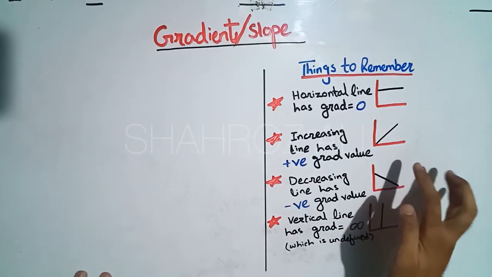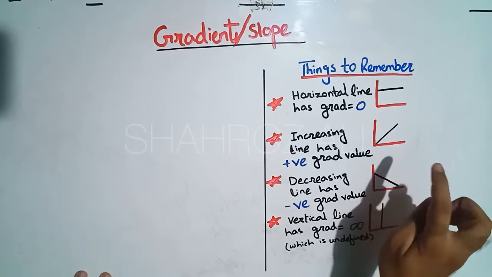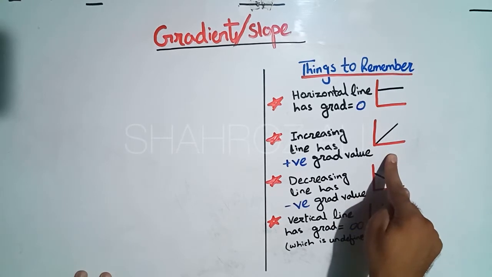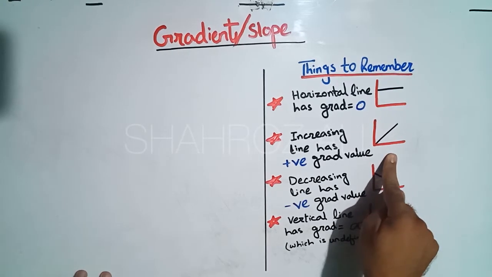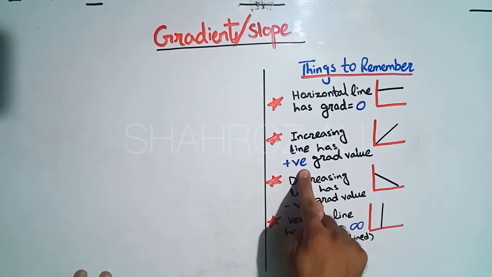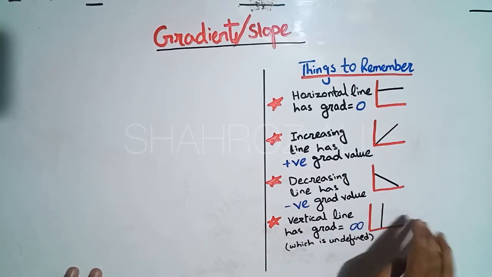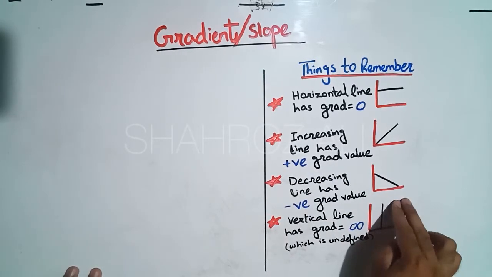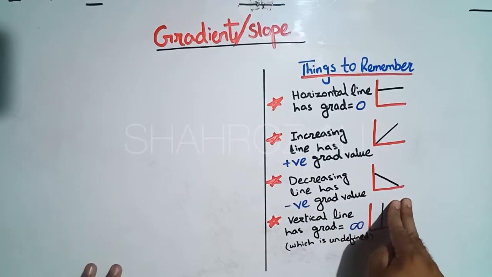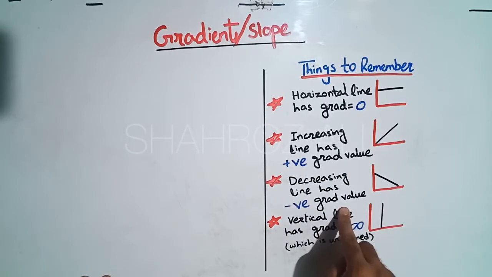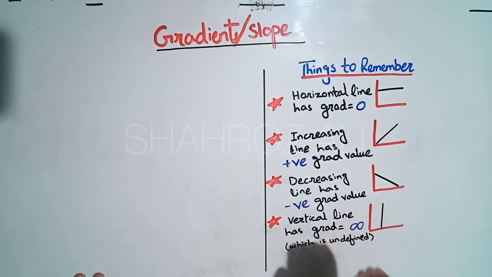And if you have a line that is inclined to the horizontal axis, the x-axis, it will have a positive gradient, meaning your value will be a positive figure. And if the line is decreasing down towards the horizontal axis, it will give you a negative gradient, meaning the value will be negative.